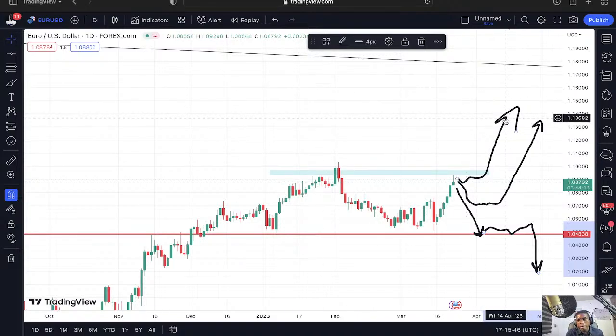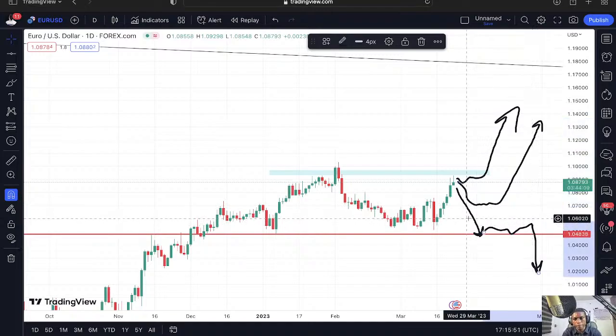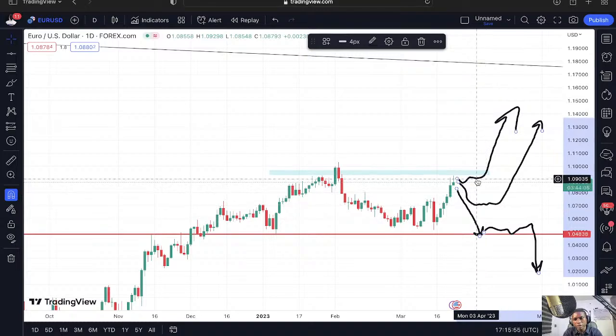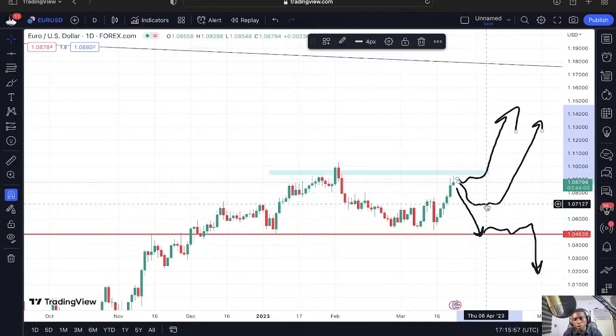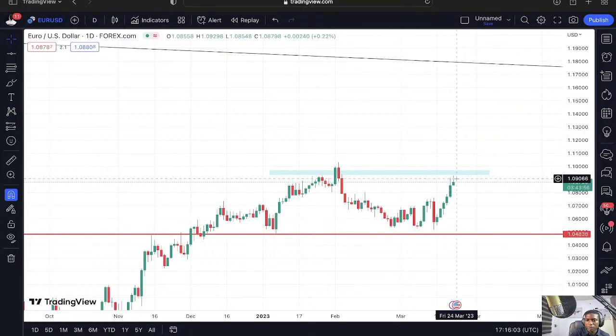So what we have here is that we might just be expecting what price will do at this level. What would price do at this level?